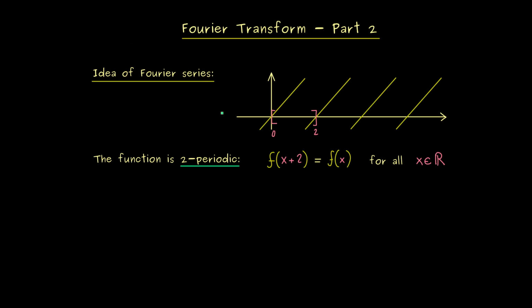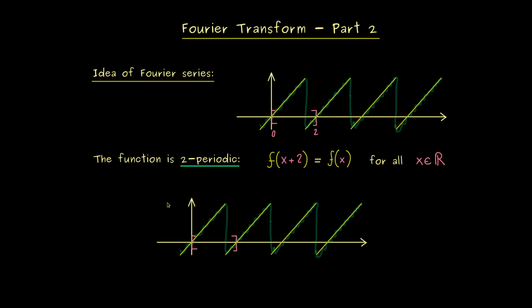And now the idea of a Fourier series is that we take a combination of sine and cosine functions to approximate this function here. In which sense we interpret this approximation here, we will see soon, but you can already recognize that the periodic nature of the cosine and sine functions is the important ingredient here.